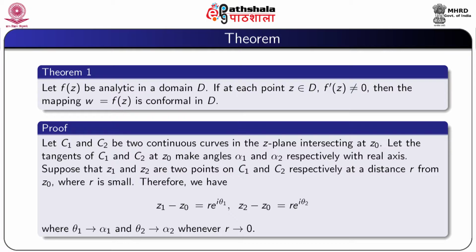Therefore, we have z1 - z0 = r e^(i theta 1) and z2 - z0 = r e^(i theta 2), where theta 1 tends to alpha 1 and theta 2 tends to alpha 2 whenever r tends to 0.